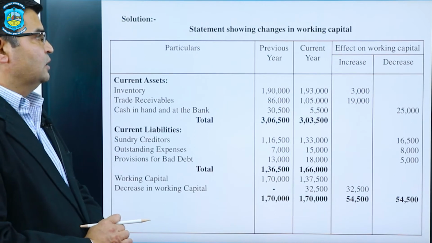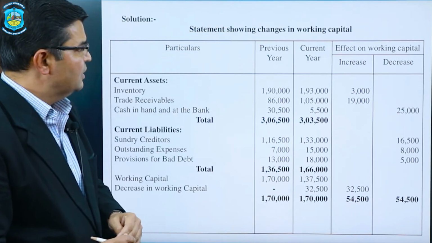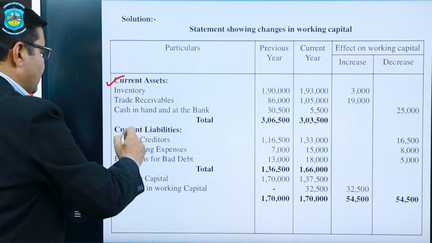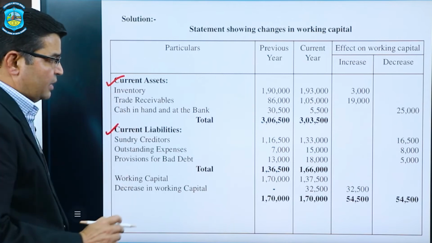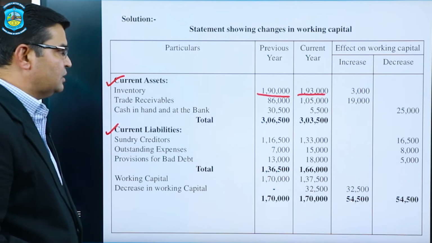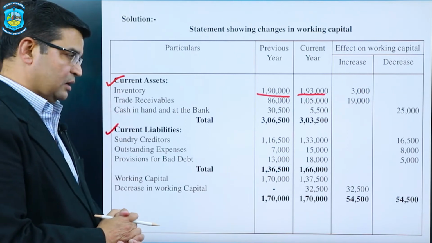Now students, we'll try to understand this statement showing changes in working capital. Here, this statement shows total current assets and total current liabilities. Here, 1,90,000 in the previous year and 1,93,000 in the current year as far as inventory or stock is concerned.